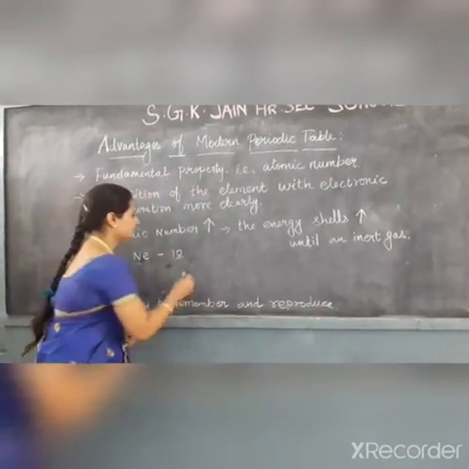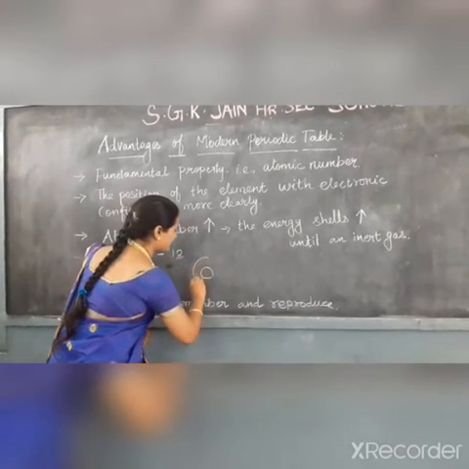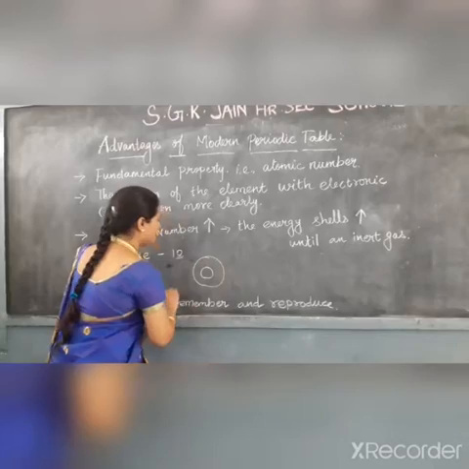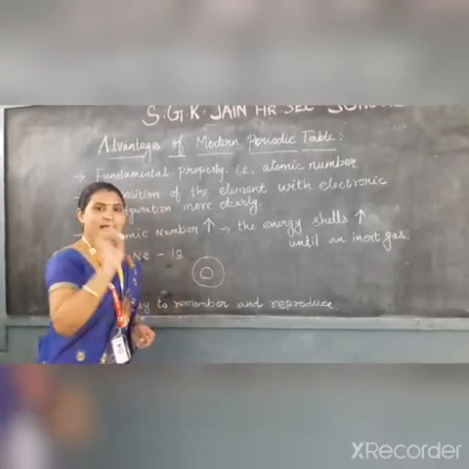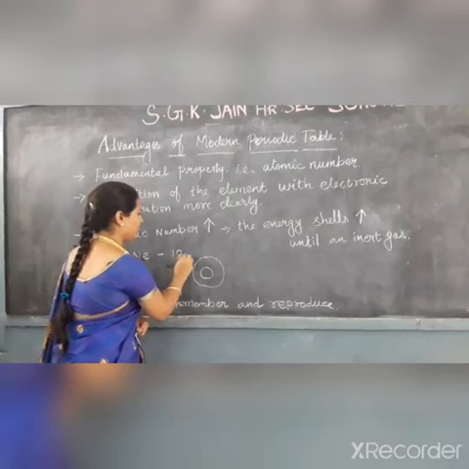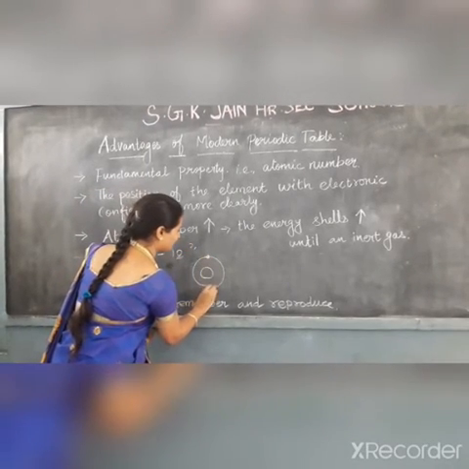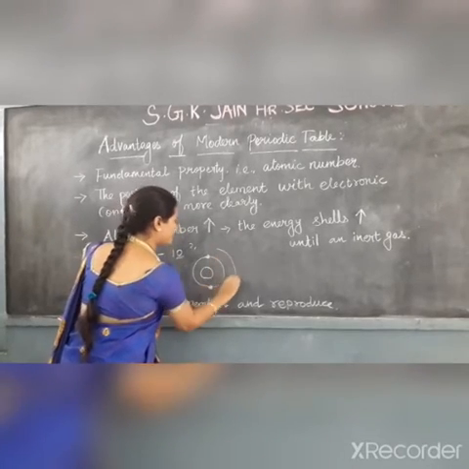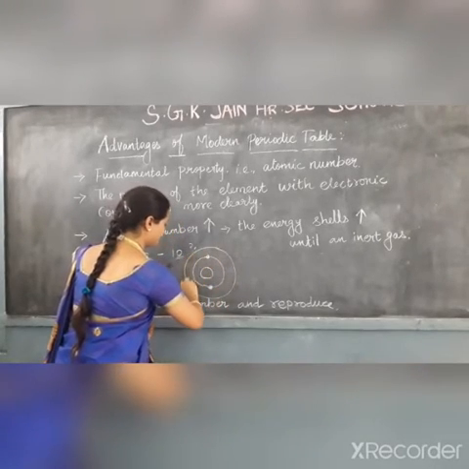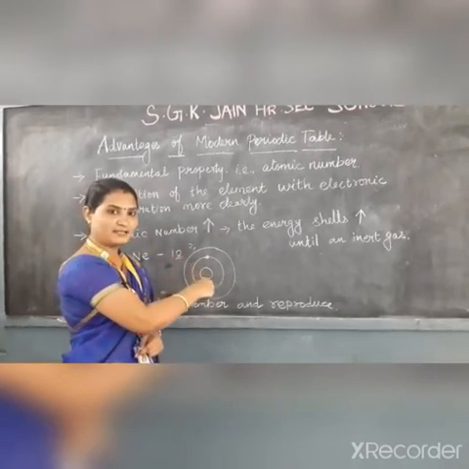So here, this is the nucleus of neon and this is the first orbit. This first orbit can hold only 2 electrons. So out of the atomic number, 2 electrons I accommodate here, and then the second orbit. Out of 10, how many electrons remain?